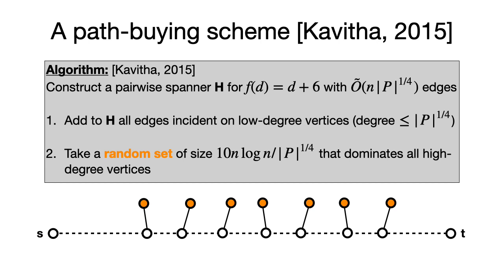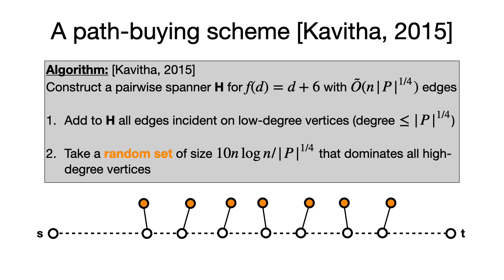To design a sublinear additive pairwise spanner, let's review the algorithm by Kavita. To build the spanner, there are 2 preparatory steps. First, add all edges incident on low degree vertices in the spanner.